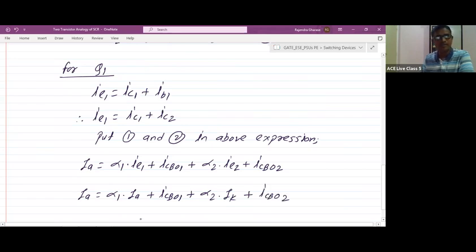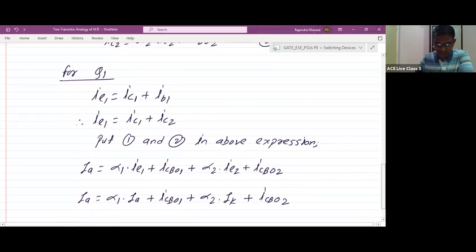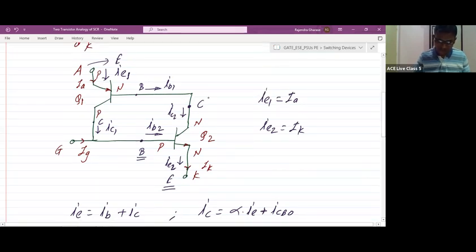Now here we have IK, which is this current. If we consider this whole as a single circuit, it has two incoming currents, one is IE1, that is IA, and the second is IG, and only one outgoing current. So can we write IK is equal to IA plus IG?